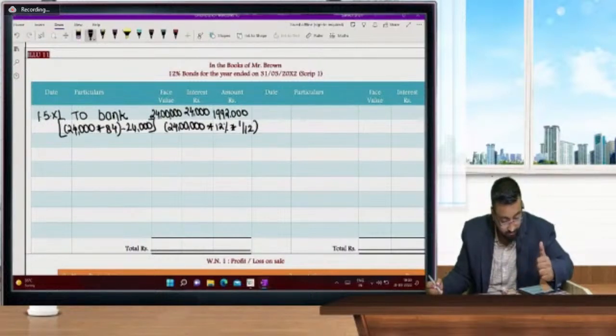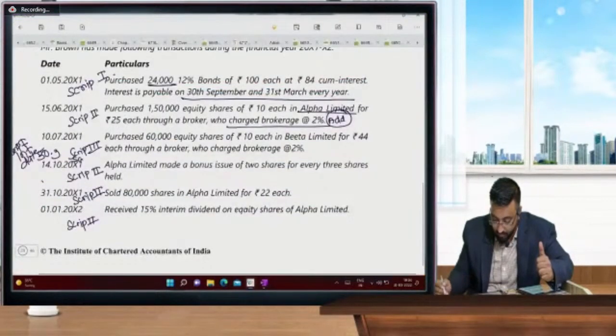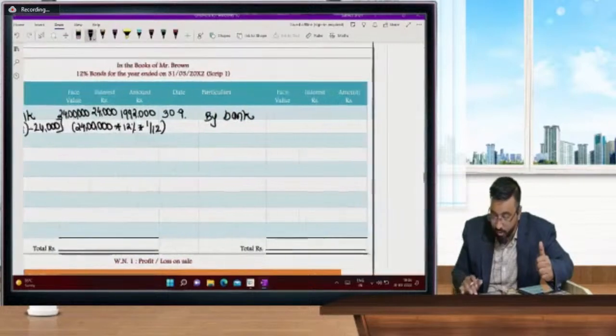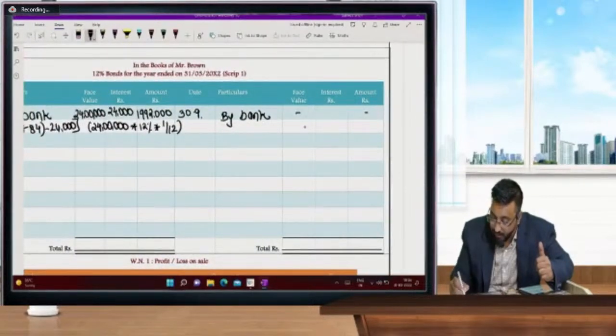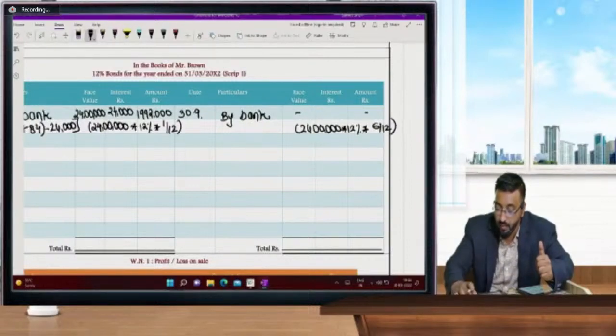Next. Now what is the next date? Now 30th September. 30th September by bank. What are you going to receive? Interest. 24 lakhs into 12% for how many months? 6 months, right, beta, now 30th September.